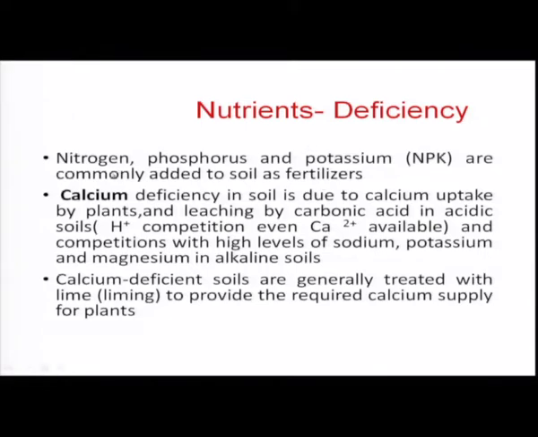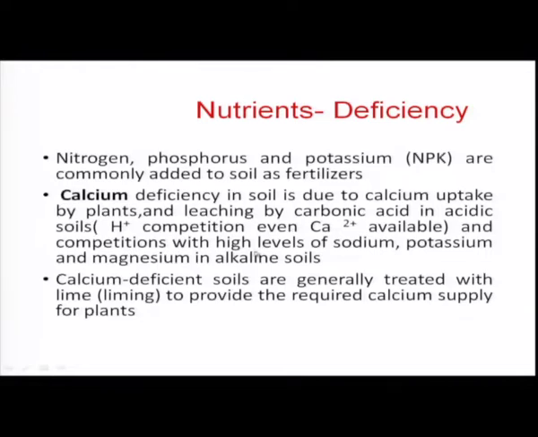If you look at calcium, this is again one of the macro elements. Sometimes calcium deficiency in soil is also observed, and this is due to calcium uptake by plants and mainly by leaching by carbonic acid, especially in an acidic environment where the H plus ion of carbonic acid may compete with the calcium available in the soil.